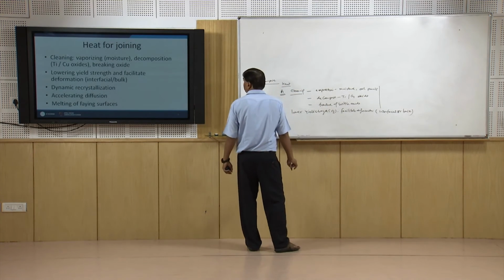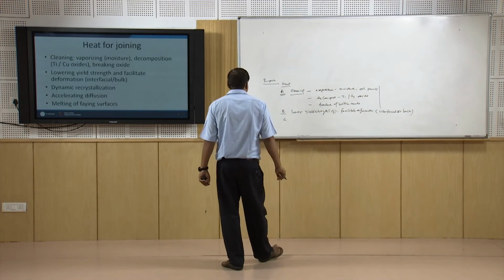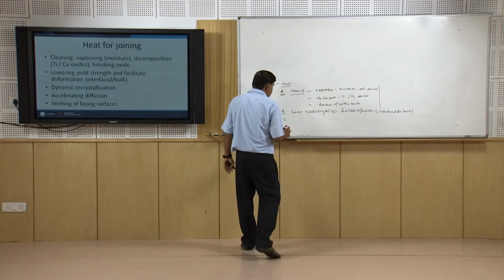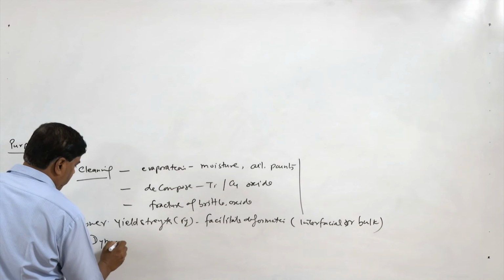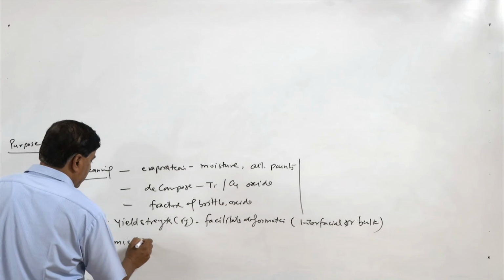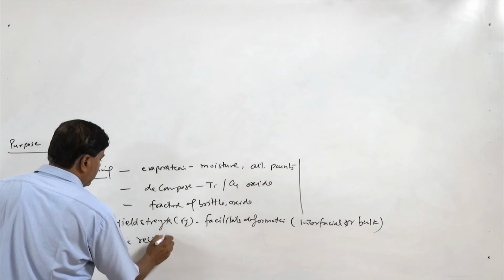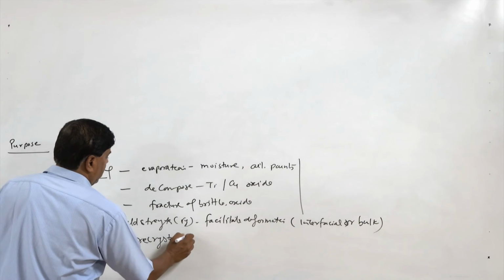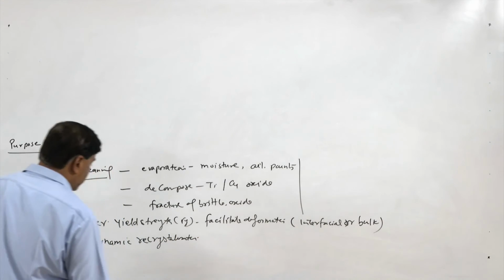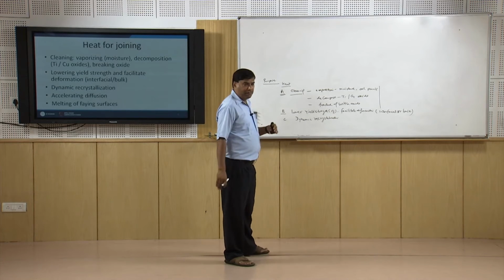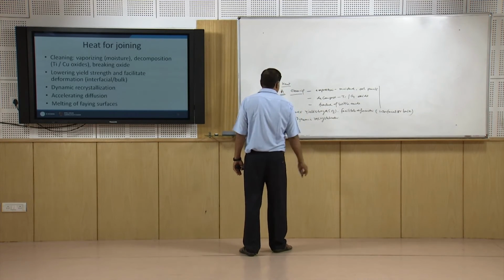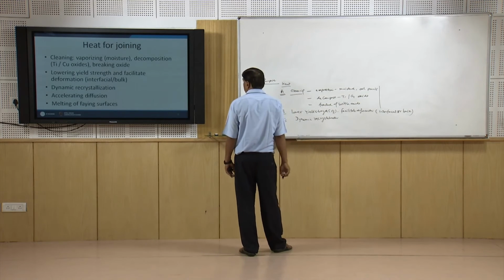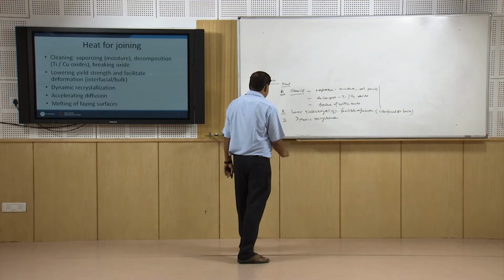Third is dynamic recrystallization, whenever the heat generated is enough. Due to the deformation, the lattice is disturbed, and at the same time fresh grains are formed in the deformed material with the help of the heat being applied. So, dynamic recrystallization is also achieved.